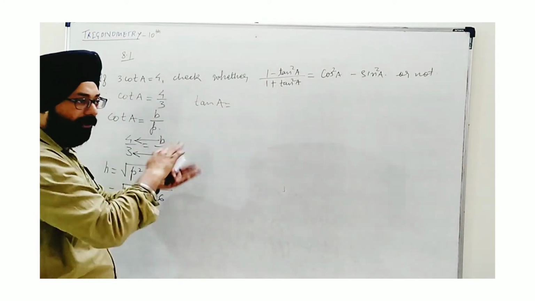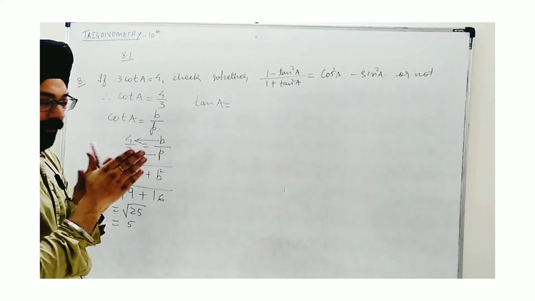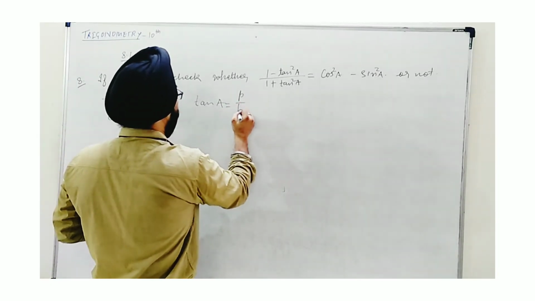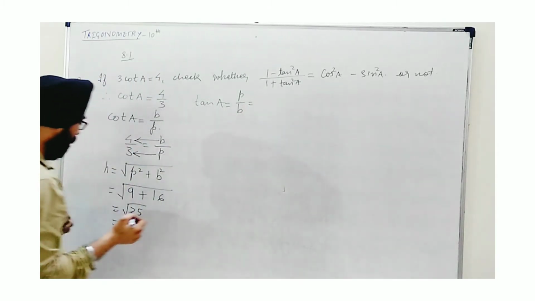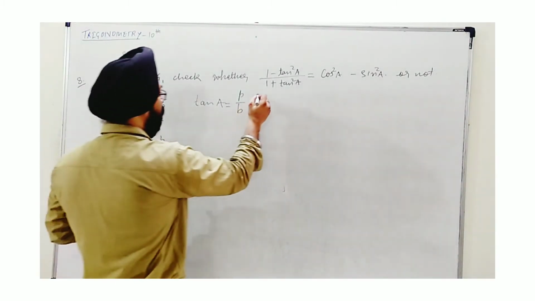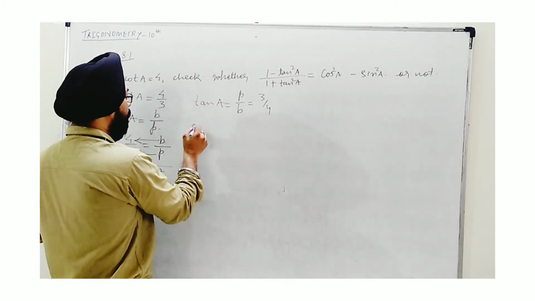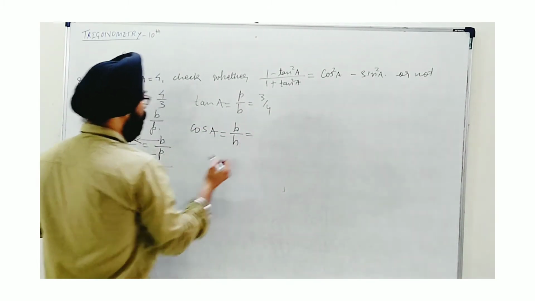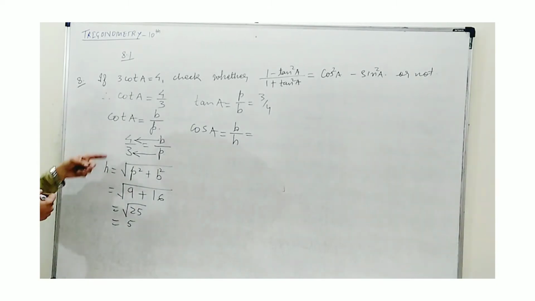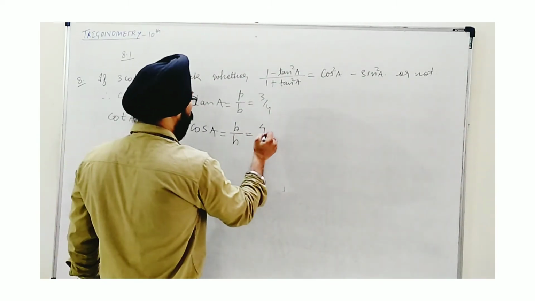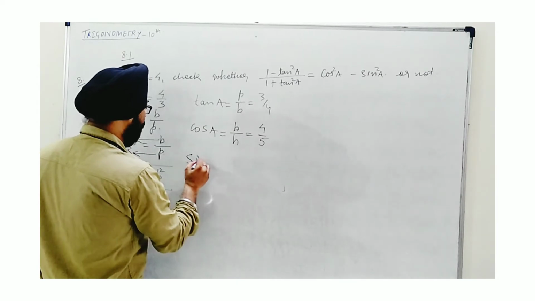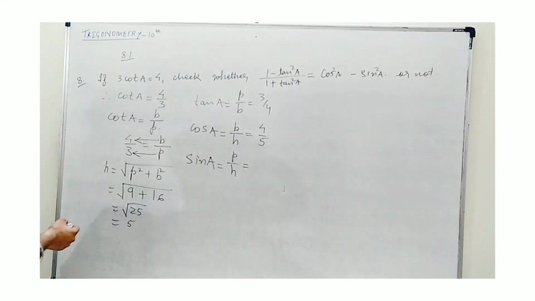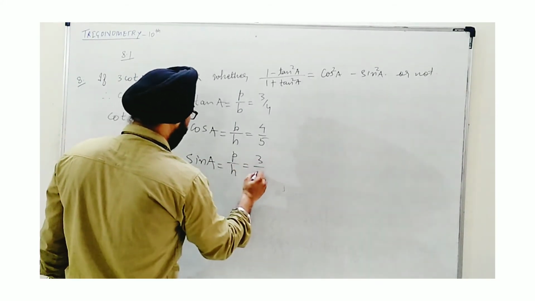Okay, as in the beginning only I have told you it's a reciprocal of cot A. So it is 3 upon 4, or otherwise you can write here P upon B. Yeah, for sure this will be P, as you can see, 3 and 4. So 3 by 4. We need cos A next. It's B upon H. So base we have 4 and H 5. So 4 by 5, and obviously when I take sin A, this will be P upon H. Perpendicular we were given as 3, hypotenuse we have obtained as 5.